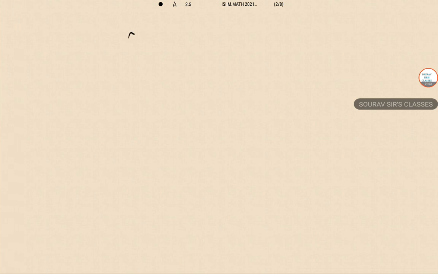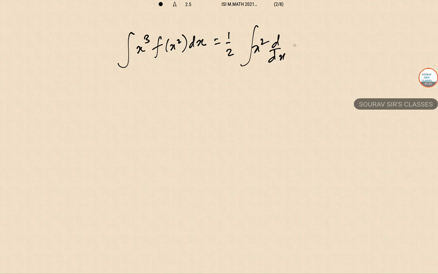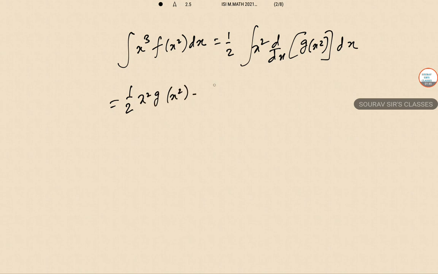Now the integration of x cube f of x squared dx, if we look into these options, is equal to nothing but half x squared times d/dx of g of x squared dx. Now doing the integration by parts here will give you half x squared g of x squared minus half the integration of x g of x squared dx plus c.